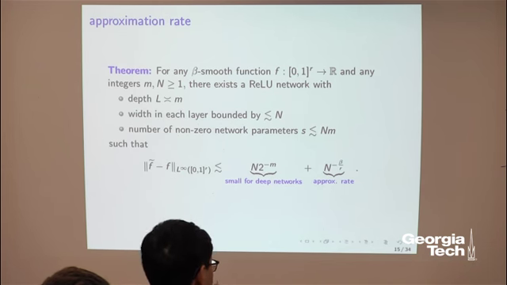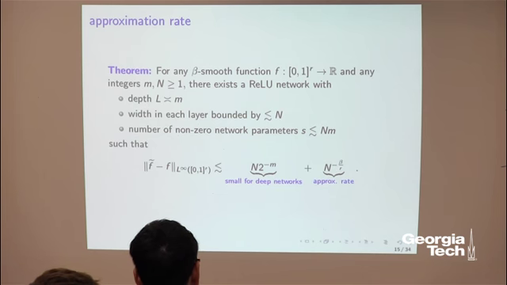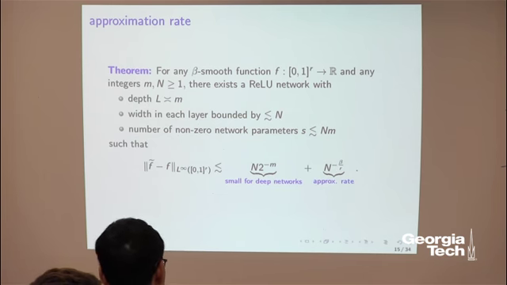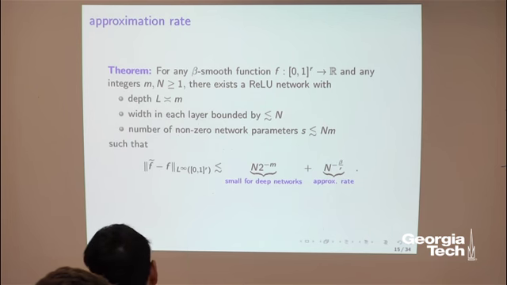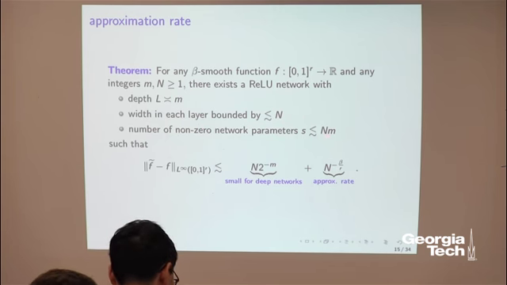Because you always have to keep in mind those are square matrices. So the network width is n, but that means a matrix has n squared entries, so the number of network parameters in a fully connected network would be of the order n squared times m. So in here we require n times m.